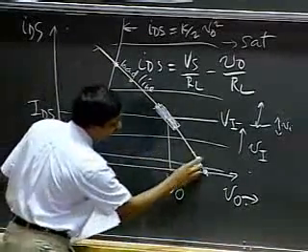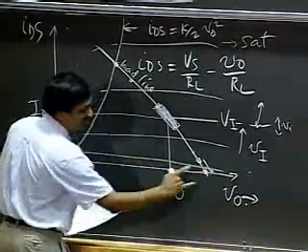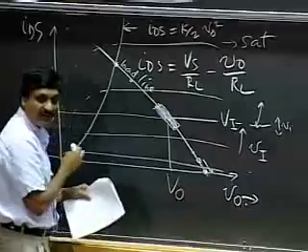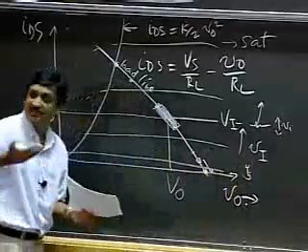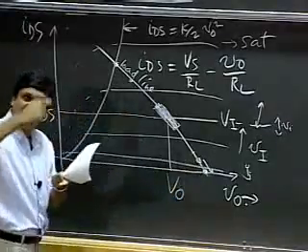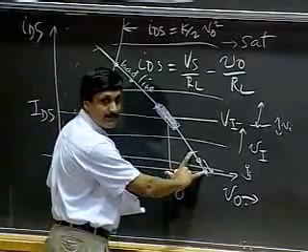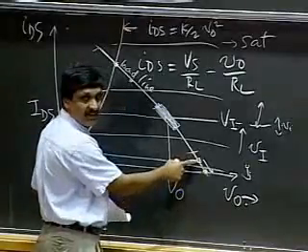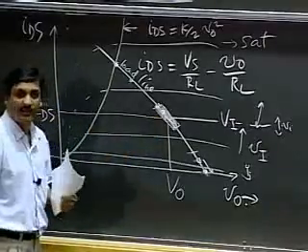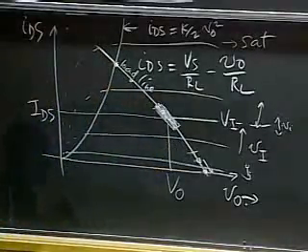On the other hand, if I choose my operating point to be here, for negative excursions of the input signal, I have a very small amount before I hit cutoff. So for negative traversals of VI about the operating point, I very quickly hit cutoff. If I want symmetric swings, then this is the best that I can do in terms of the valid input operating range, given that this is my bias point. On the other hand, if I very carefully choose my bias point somewhere here, my input can vary over a much wider region and still get symmetric swings.